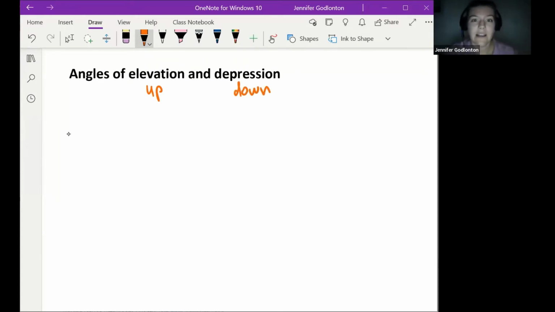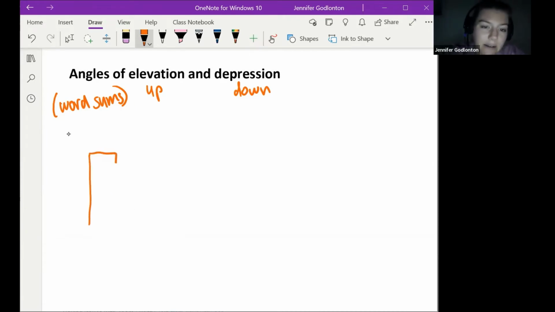When we're looking at angles of elevation and depression, they are always going to be with word sums, like story sums, and there has to be a right angle involved. So let's say that Coco was standing on the top of a building.